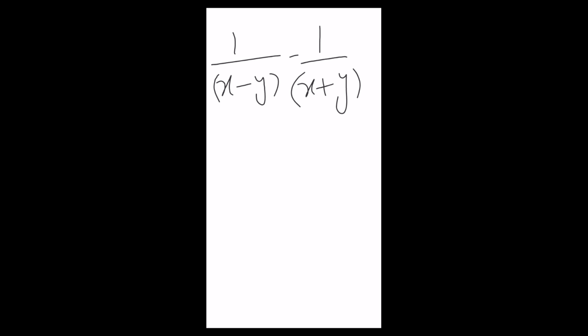So in order to make their LCM, x minus y and x plus y will be written together in the denominator as their LCM. Got it? Because x minus y and x plus y, we cannot make the multiple. We don't have any other choice.